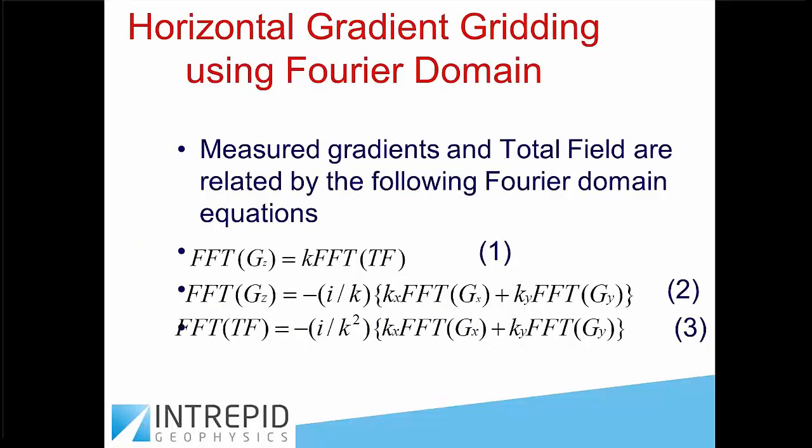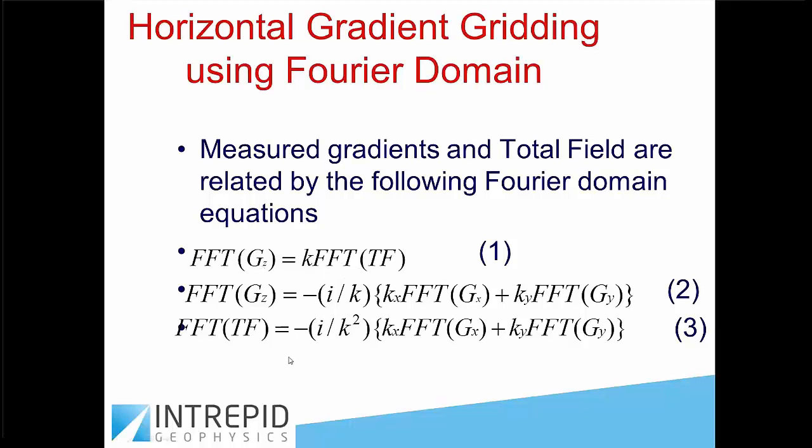And the theory goes like this: the horizontal gradient gridding using the Fourier domain, we have measured gradients, and say a total field are related by the following Fourier domain equations. If you take the Fourier transform of the vertical component of the field, and you know the wave number, that's a simple Fourier domain multiplication of the transform of the total field by the wave number that would give you the vertical component.